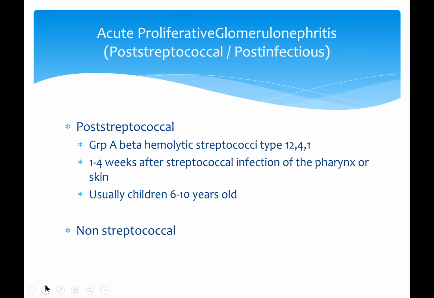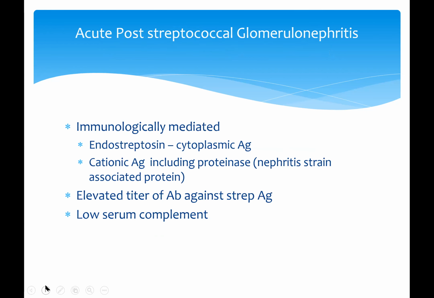If you're going to look at the term, it is called proliferative because you're expecting diffuse proliferation of glomerular cells plus influx of leukocytes. Thereby, hypercellularity is expected. The inciting antigen may be exogenous or endogenous.